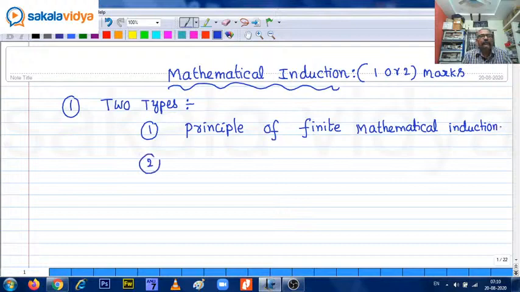Second, the principle of complete mathematical induction.